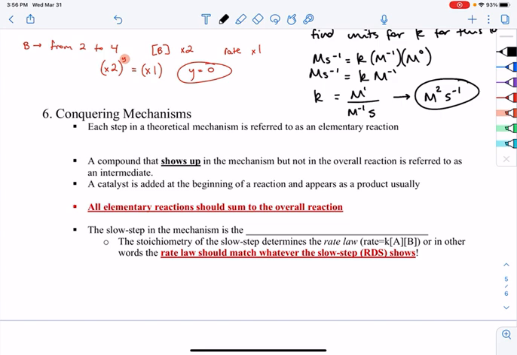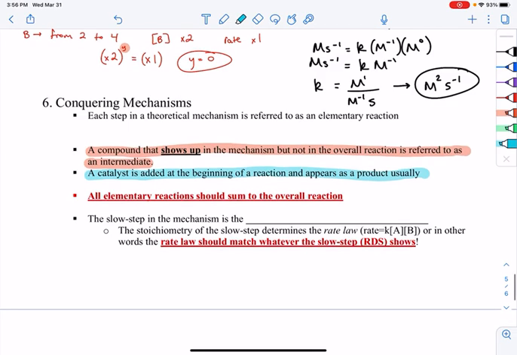Here are two important things. A compound that shows up in the mechanism but not in the overall reaction is referred to as an intermediate. A catalyst is added at the beginning of a reaction and appears as a product. You might have heard that in other classes. A catalyst doesn't get used up, and we'll see that later on.